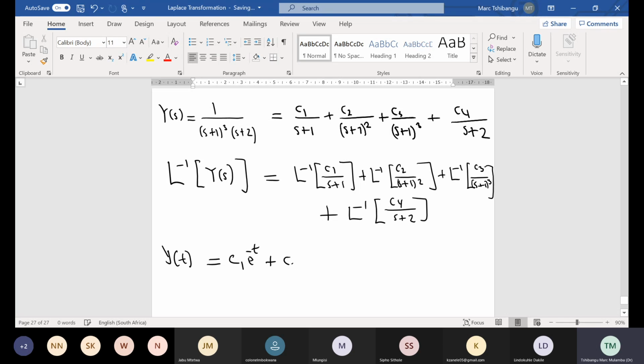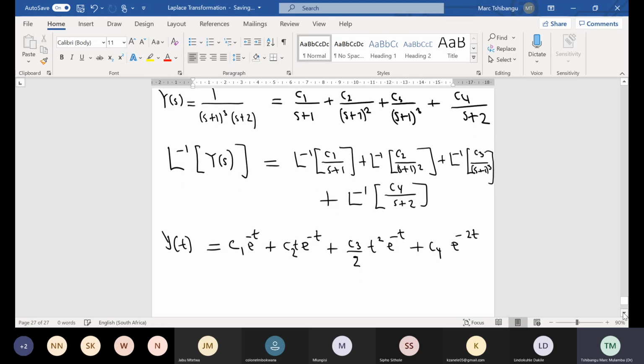This will give you C2 t e to the power of negative t, plus C3 over 2 t squared e to the power of negative t, plus C4 e to the power of negative 2t. Right?